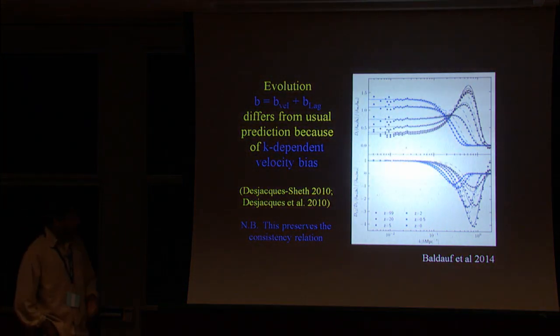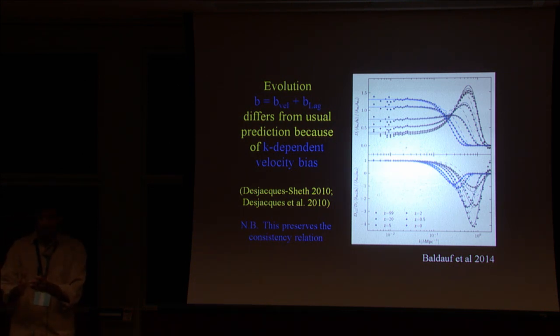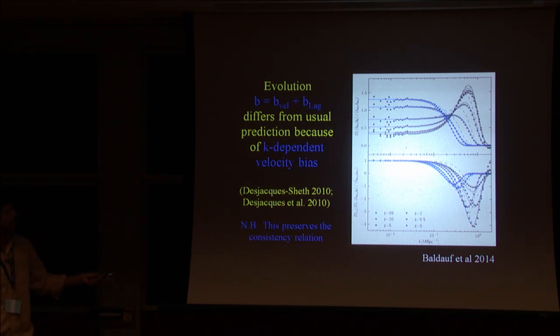There were measurements by Tobias last year and Vincent and Urosh looking for this velocity bias. And so here they're looking at the same halos, and they're measuring the halos at different times. They're doing the cross correlation between the halos and the mass at an early time and a late time. And so you're supposed to see that the bias went from being a small number to +1 at the present time, bias +1.